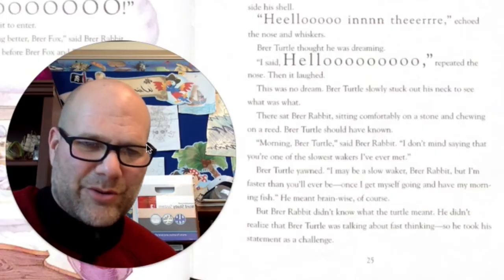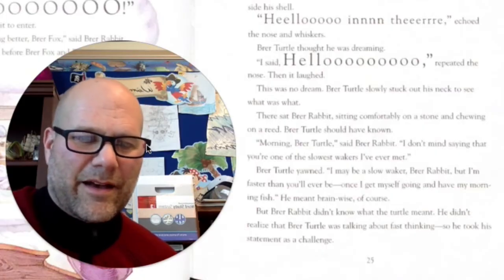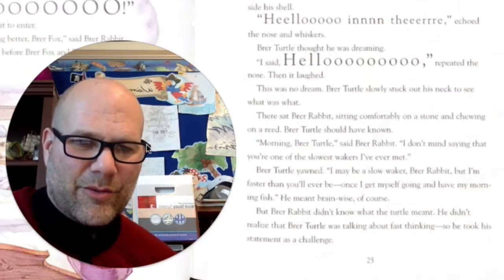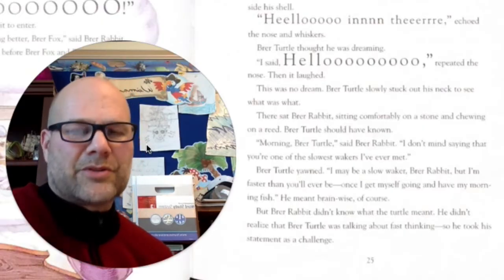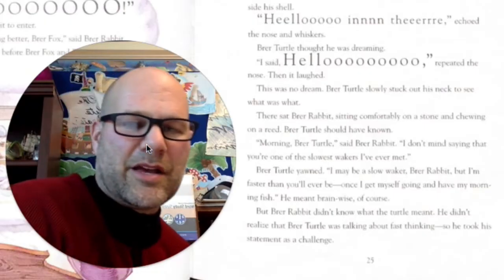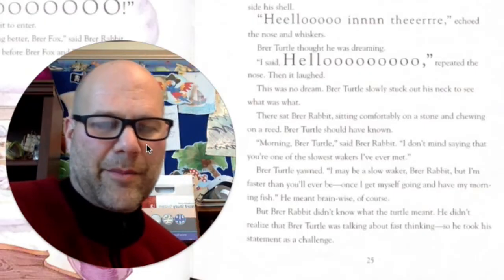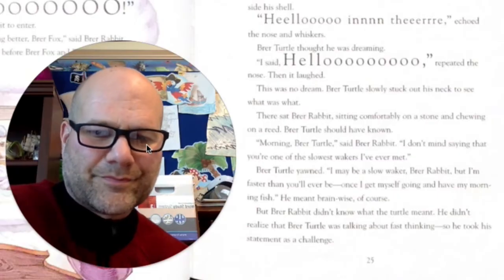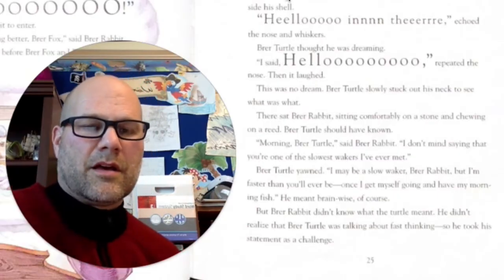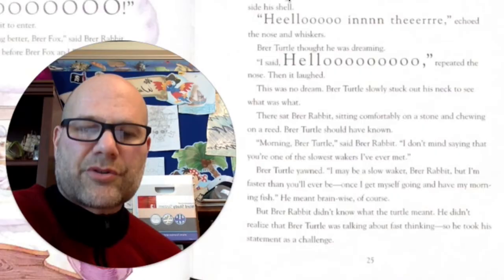"Morning, Brer Turtle," said Brer Rabbit. "I don't mind saying that you're one of the slowest wakers I've ever met." Brer Turtle yawned.